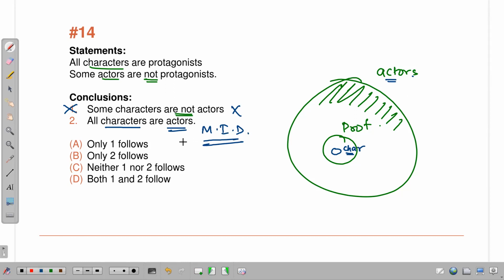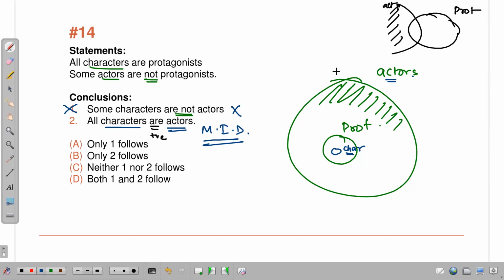Let's check for the least intersection diagram now. Why? Because this is a positive claim. So let's draw this now, that I have certain actors which are outside. So some actors are not protagonists, so these are the protagonists.